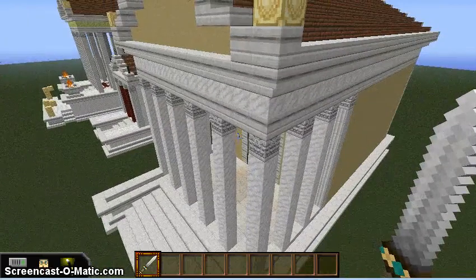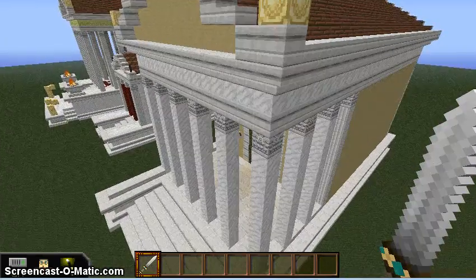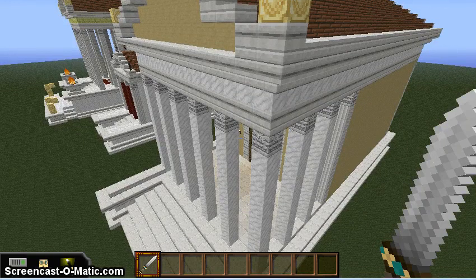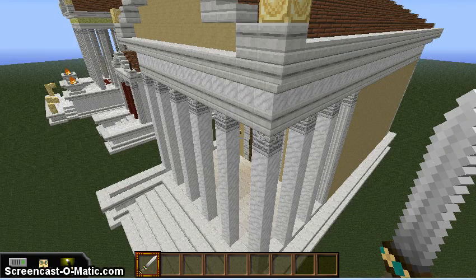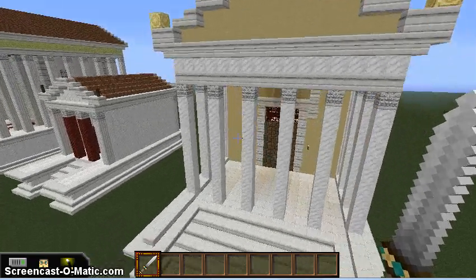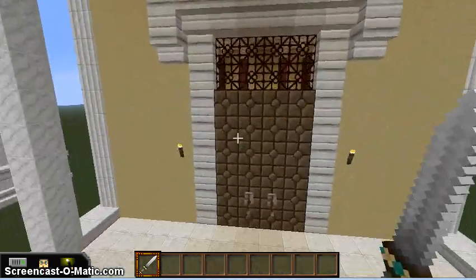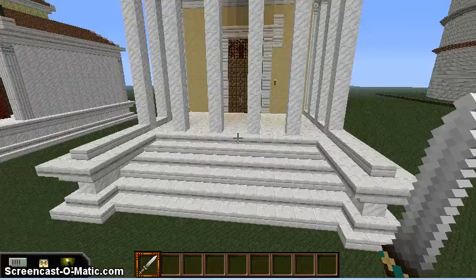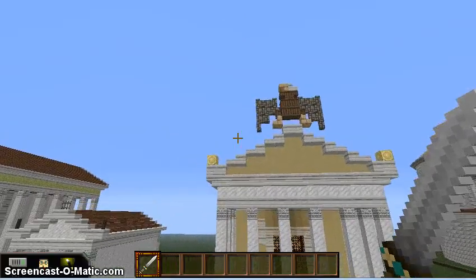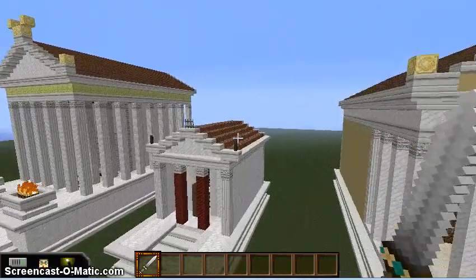This temple is similar to the temple of the divine Julius Caesar. It is called a prostyle temple, and then inside we're again going to have the cell, and we still have the high platform and the acroteria up above.